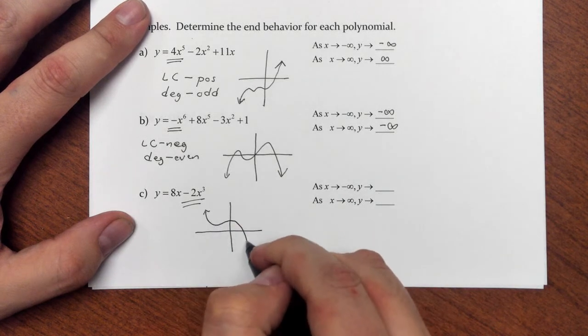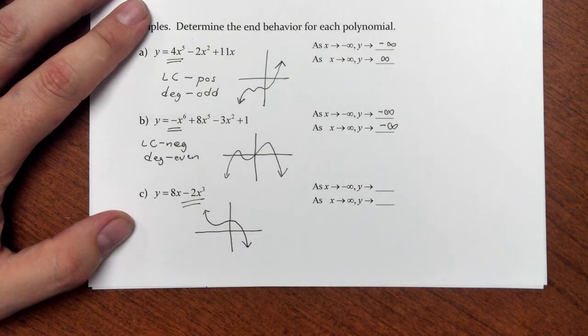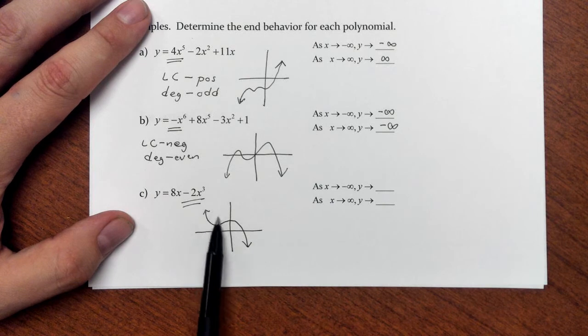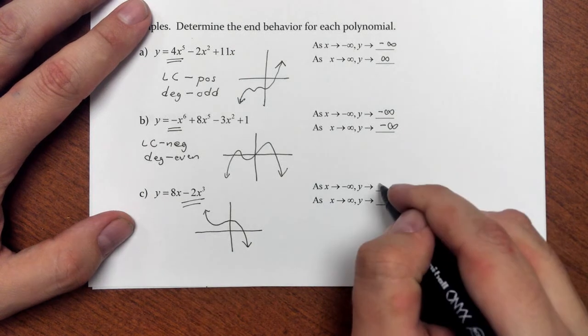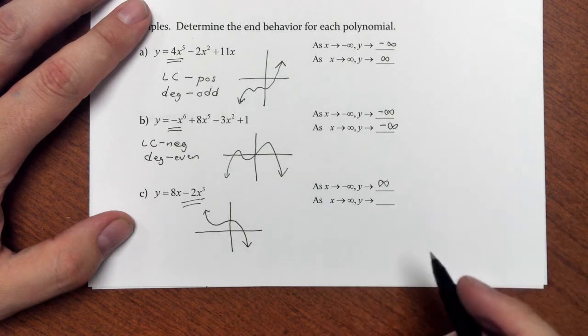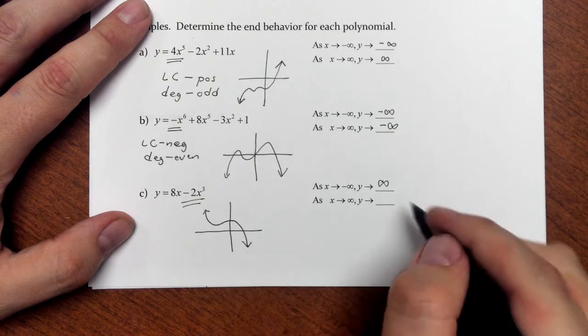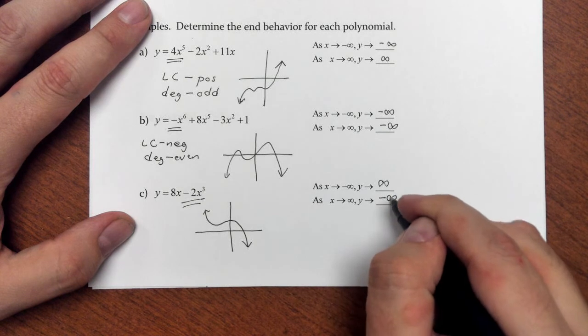Negative means it's going to go generally down. So, what result do I have? As x approaches negative infinity, the left side of the graph, for smaller x's, y is approaching positive infinity. As x approaches positive infinity, for larger x's here, I see that y is going down towards negative infinity.